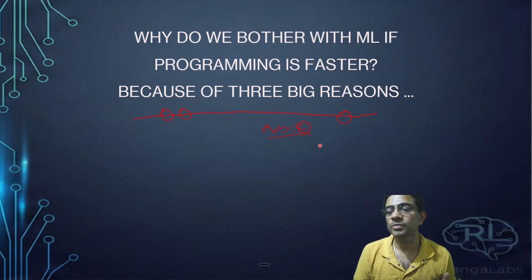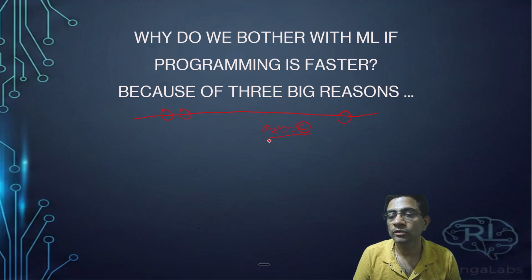It can be repeated 100 times, and you will get the same result. So it becomes very easy for coding, and that is why it becomes faster in some sense. In case of smaller databases, where the data is very small, programming is very helpful.